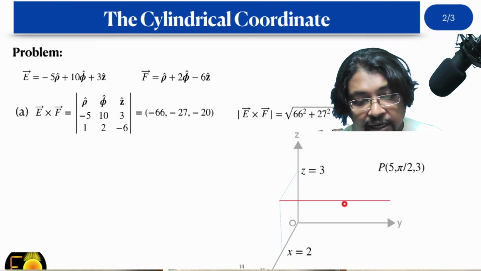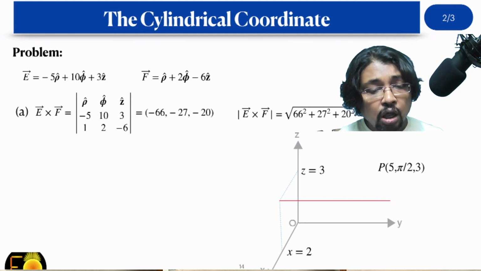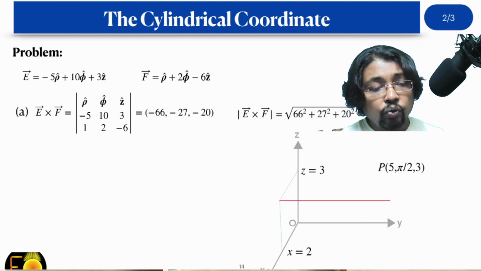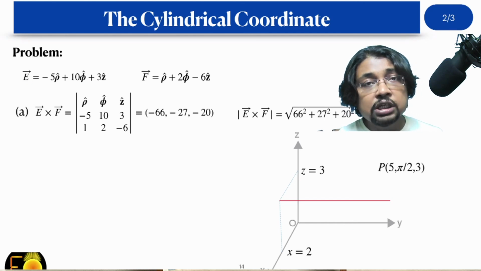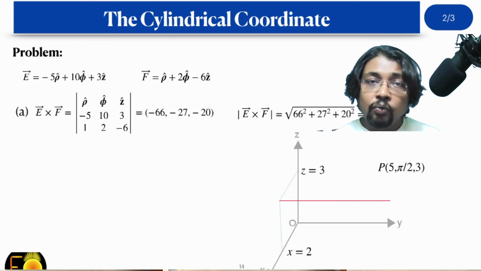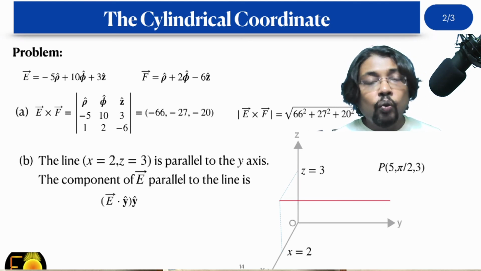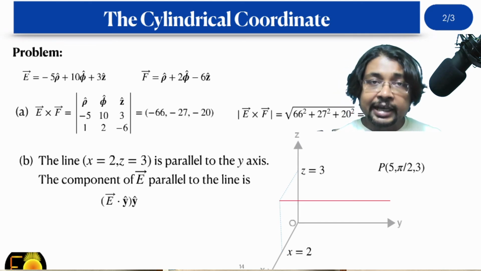Since this line is parallel to the y axis, if I take the dot product of the y cap with E, that will give you the electric field component parallel to the y axis. So E dot y cap is our desired expression.